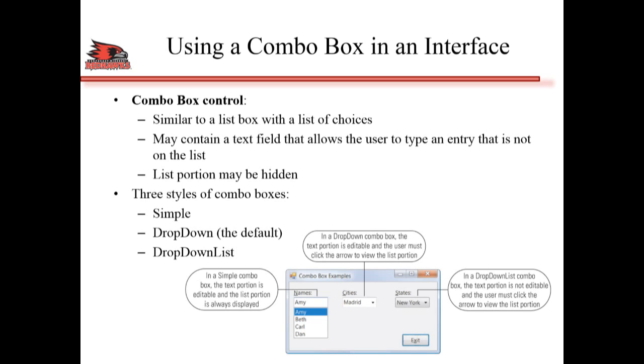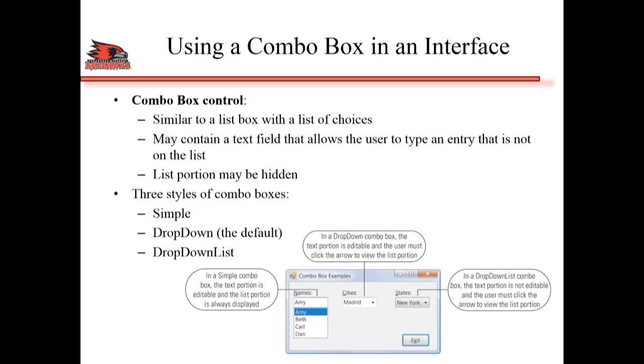The only difference here is that it also most of the times either has a text box where you can type in something, and more often than not it has drop down arrows, like an arrow on the right hand side of the box itself, on which once you click you see all the choices or the list items. And I'm pretty sure you have run into one of these in your day-to-day activities.